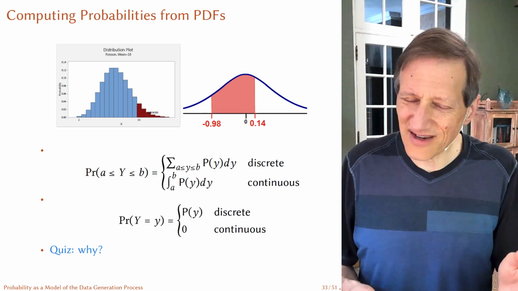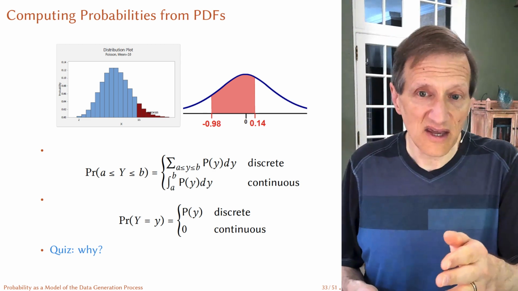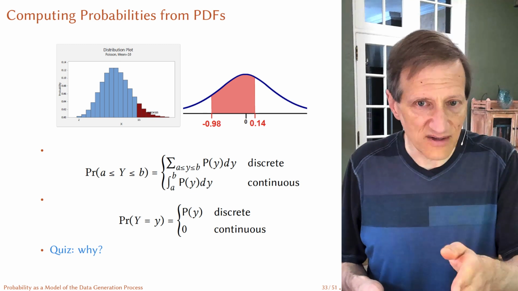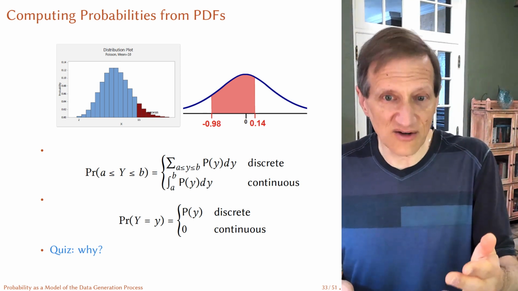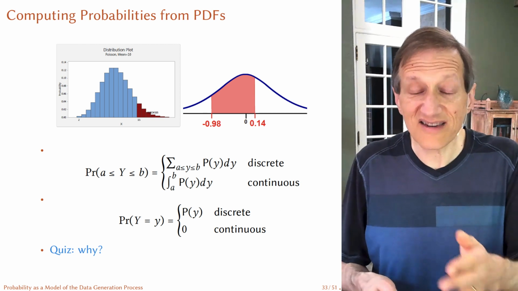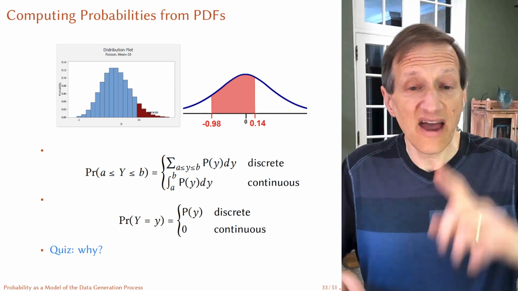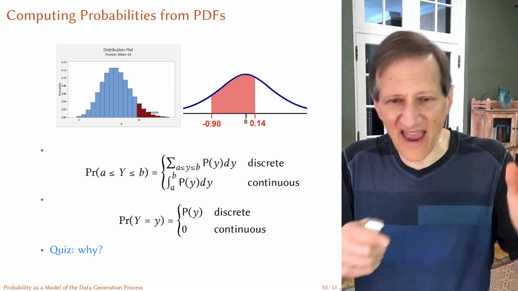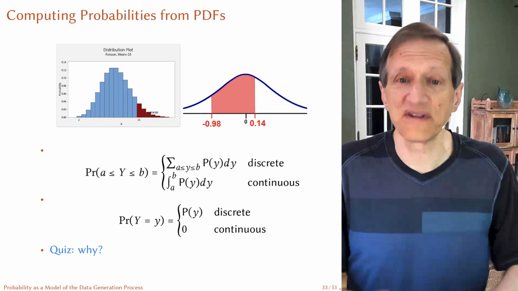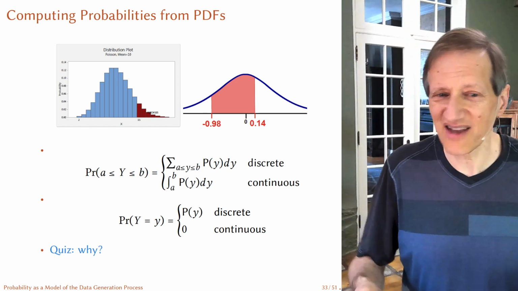What that means is, no matter how small a value you assign to each of those points, as long as it's not zero, when you add them up, there's an infinite number of them, so it adds up to infinity. It doesn't add up to 1. And remember, 1 is the goal, right? The area under the curve has to be 1 in order for this to be a PDF. So they have to be zero, okay?